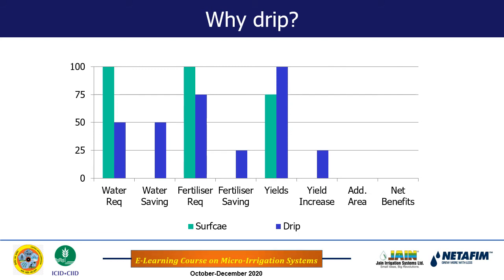And with the help of the 50% of water that we saved, there is a possibility of bringing another area of land, or additional land, of an equal amount under drip irrigation.